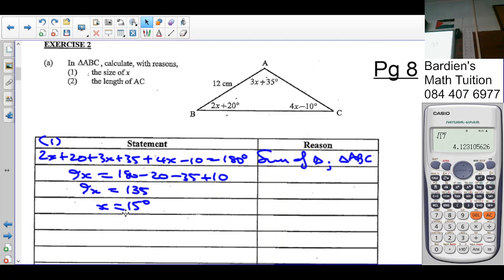So then you got 9x plus 45, equals what? x equals 5. But then what is your reason? The reason I wrote: sum of angles in a triangle adds up to 180, so you must put the 180.